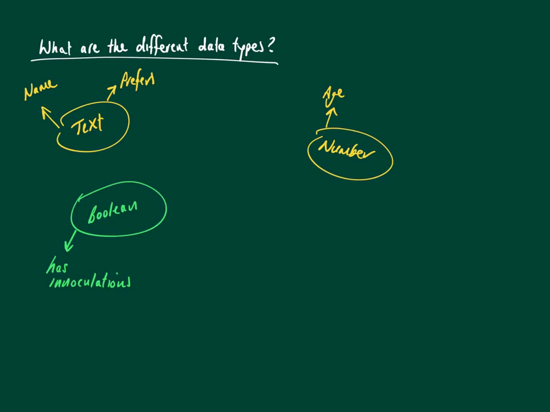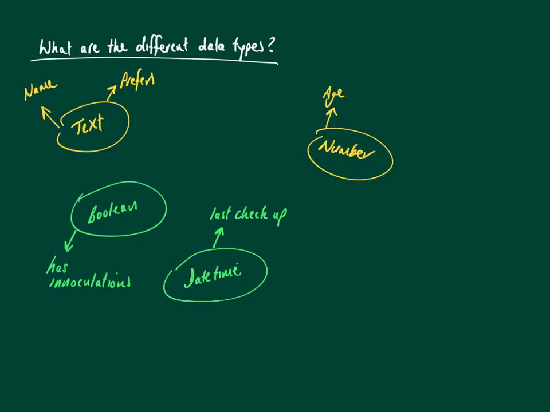Boolean, for example, is a true or false value, which we know about from programming, that can be used to store yes or no responses in a database. For example, if we were trying to add this to our pets database, we might create a field called has inoculations, and you would set it to true if the pet has inoculations, and you would set it to false if they hadn't.